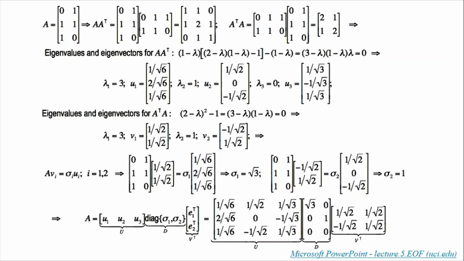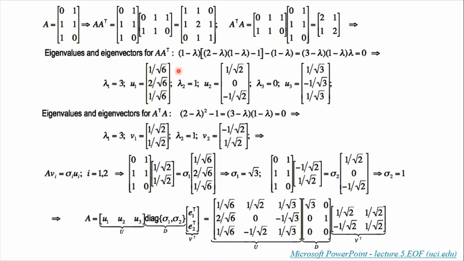Now let's look at an example for understanding SVD and MCA better. Let's say that we have a matrix 0, 1, 1, 1, 1, 0. Now we first need to form a square matrix out of it. There can be two ways to form a square matrix: either we take A into A transpose or A transpose into A. So we get two matrices as the result of the two combinations.